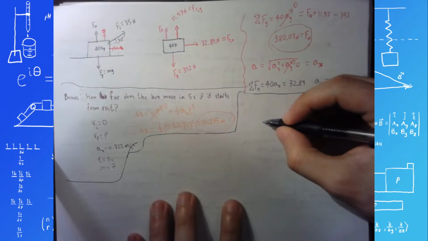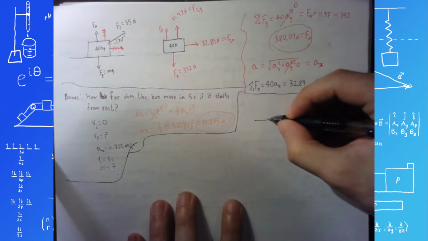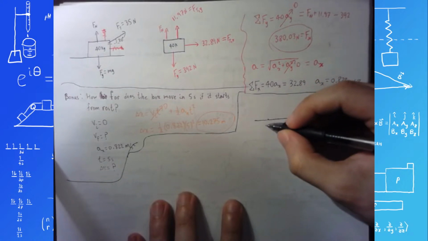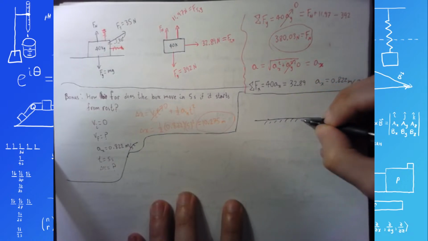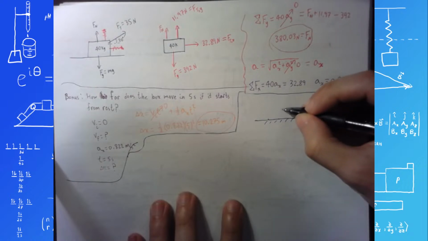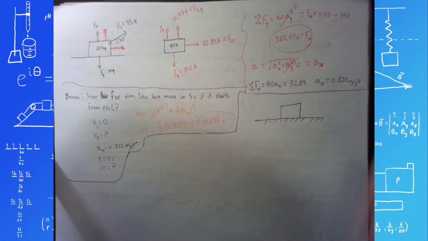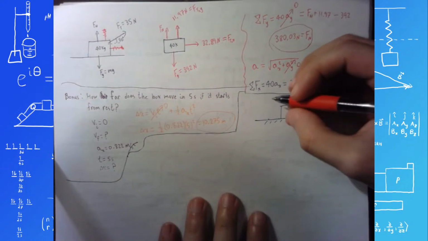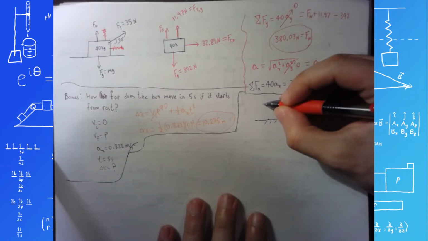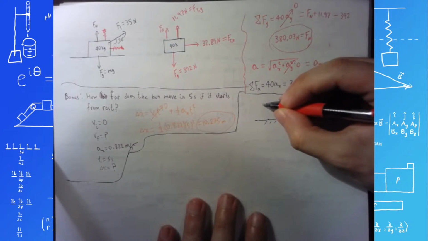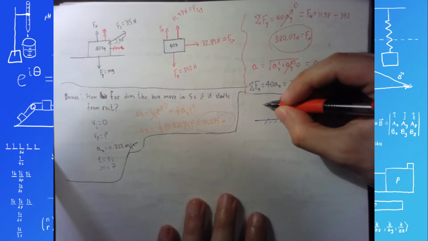Okay, so diagram. We've got a rough floor. I'm just going to draw the box. I'm not going to draw the person pushing on it. And it said that they apply 40 newtons of force at 30 degrees below horizontal. So I'm going to draw a horizontal reference line and then 30 degrees below that.